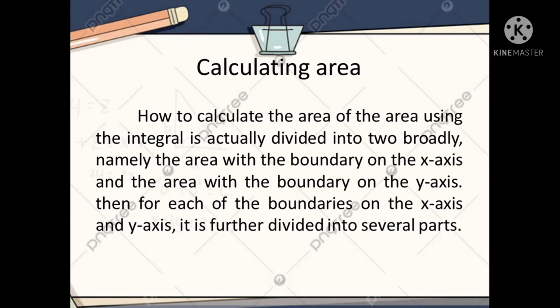Next, calculating area. How to calculate the area of the region using the integral is actually divided into two broad types, namely the region with the boundary on the x-axis and the region with the boundary on the y-axis. Then each of the boundaries on the x-axis and y-axis is further divided into several parts.